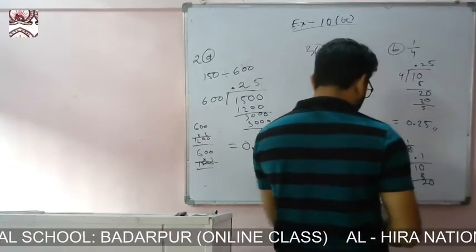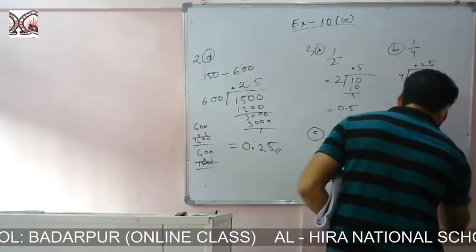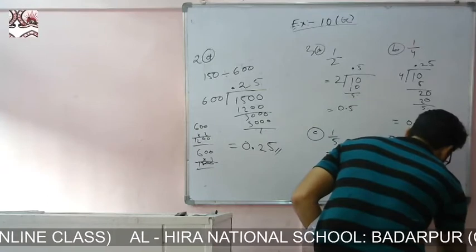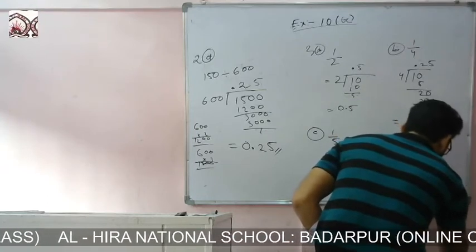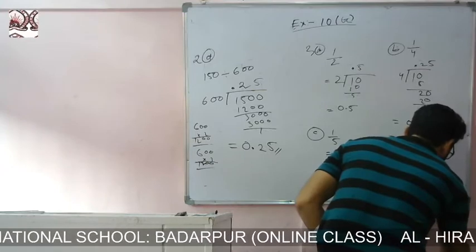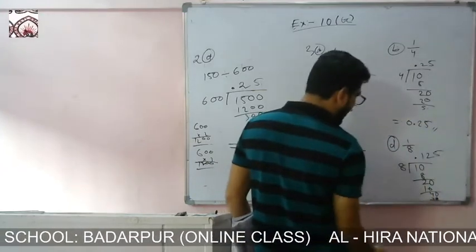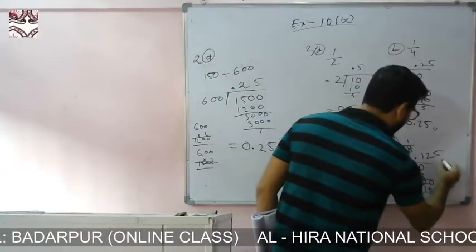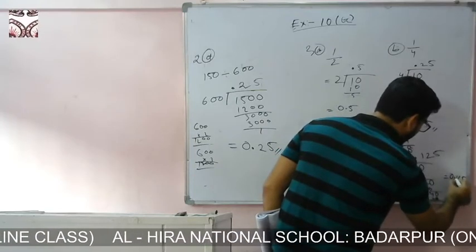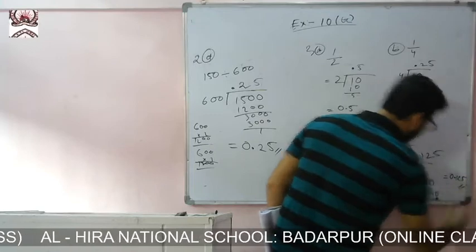Then 8 2s are 16. 8 3s are 24. So 8 2s are 16. So here 10 minus 6 is 4. Point is there, 40. 8 5s are 40. Okay, so you can write this answer as 0.125. That is the answer.